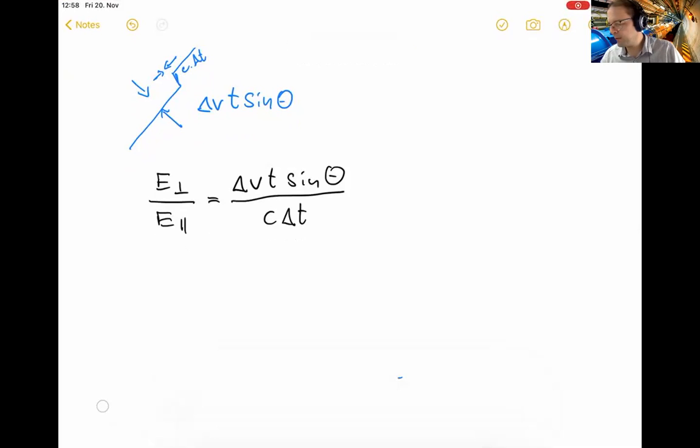and putting everything together. Now, we know that phi of r, I have it on the slide, I'm writing it here again just for the sake of completeness, is 1 over 4 pi epsilon 0 times q over r.